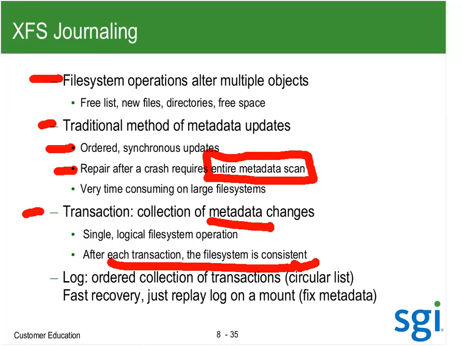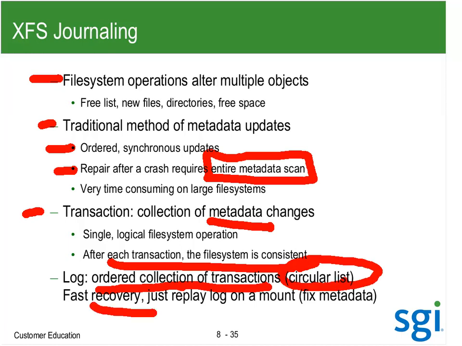Now, this journal or log is an ordered collection of transactions. It's a circular list. And again, it gives us fast recovery. We replay the log. A lot of people don't get this, but the mount is what does the repair. xfs_repair is a last resort.